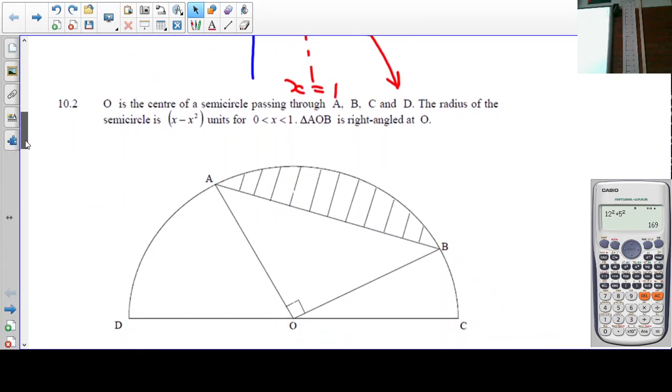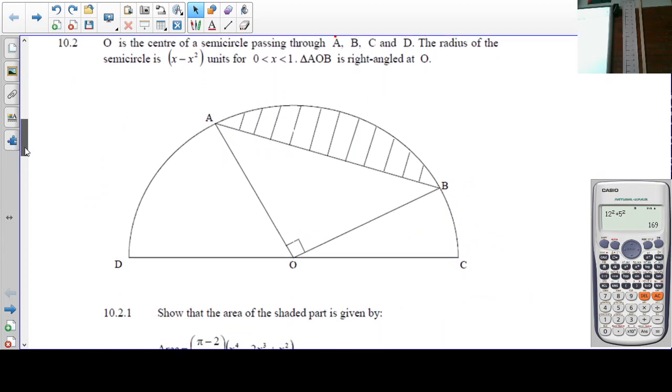Okay, let's look at 10.2. We are told that O is the center of the semicircle passing through A, B, C, and D. The radius of the semicircle, from O to D, is x minus x squared. From O to A is x minus x squared.